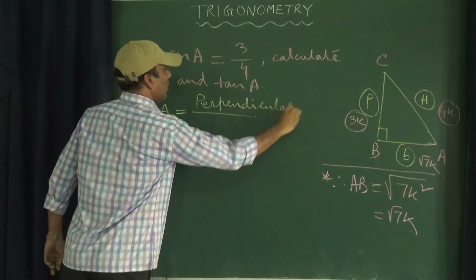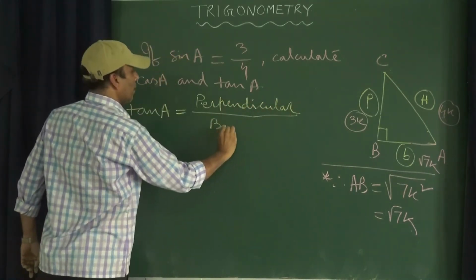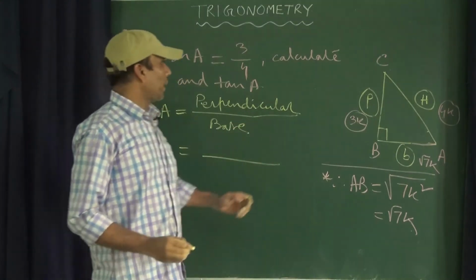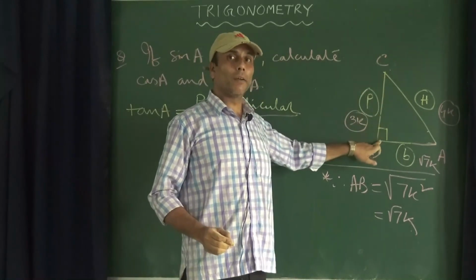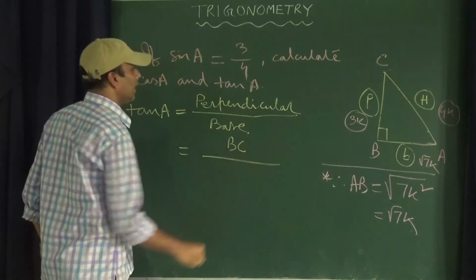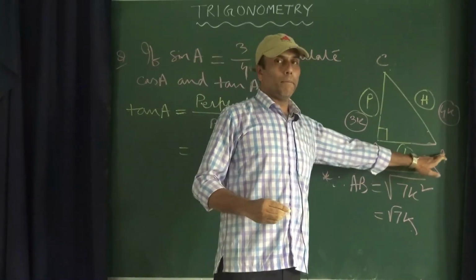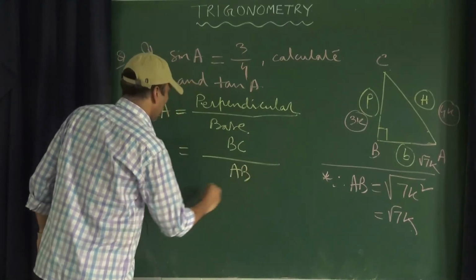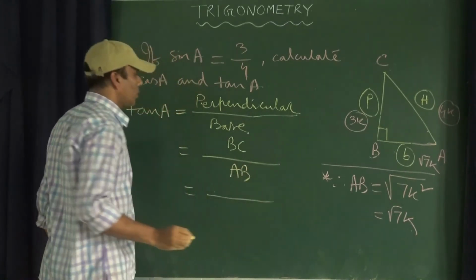Perpendicular divided by base. Now for this diagram, which is the perpendicular? It is BC. Perpendicular is BC, and base name is BA or AB. We can write it as AB. Now looking at the diagram, we will substitute the values.